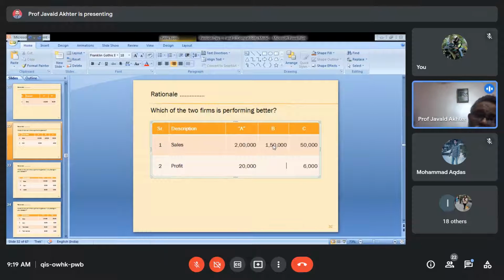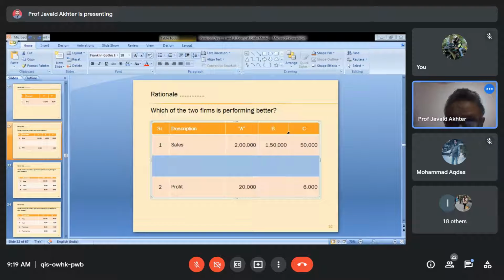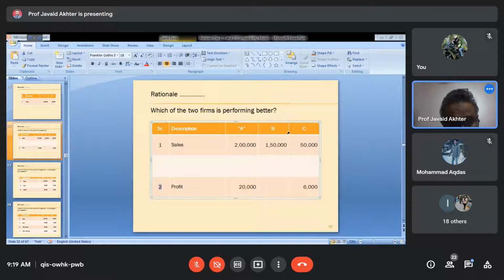Now profit, we may also assume a certain amount of profit. Before we do that, let me insert some rows here to explain to you.